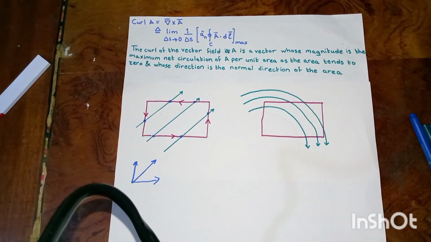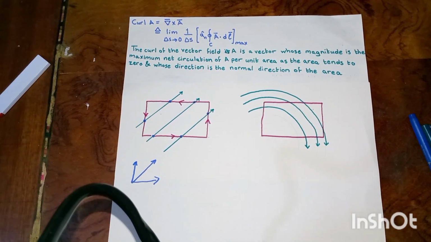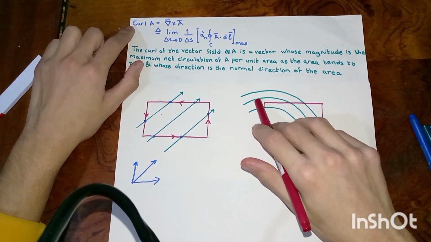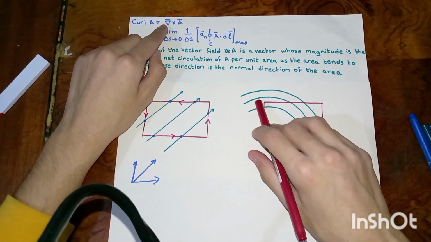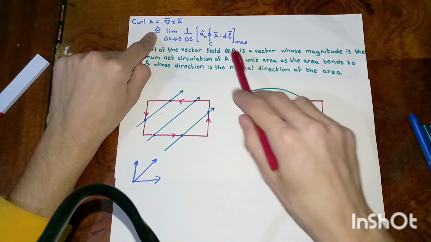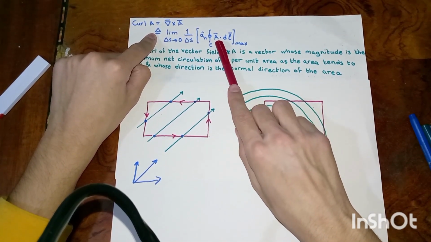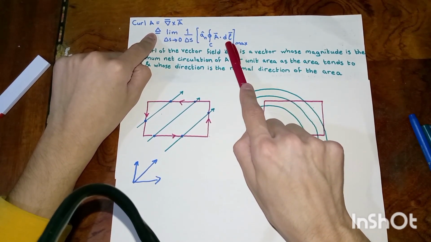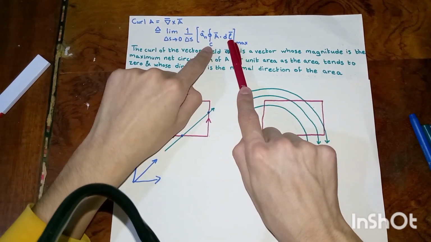Now let's start the demonstration by giving the definition of the curl. As we see, the curl is the cross product between the nabla or del vector and the vector field A, and by definition it's the dot product between the vector field A and some closed path. As we see, this path is a vector and it's closed.